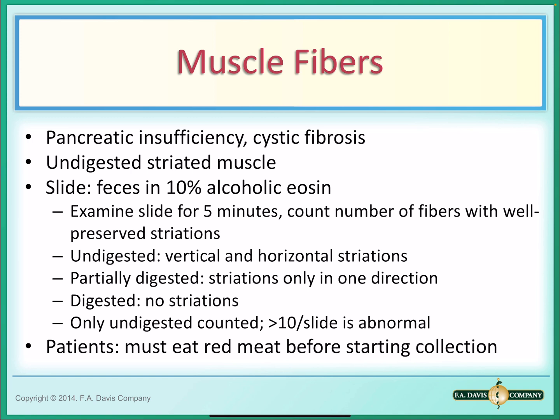Care must be taken to classify the fibers observed correctly. Undigested fibers have visible striations running both vertically and horizontally. Partially digested fibers exhibit striations in only one direction, and digested fibers have no visible striations. Only undigested fibers are counted, and the presence of more than 10 is reported as an increase.